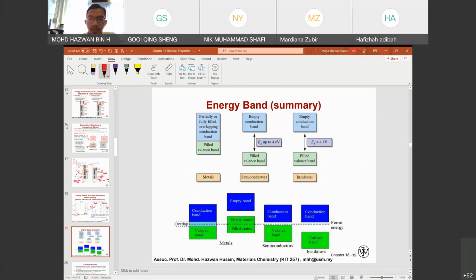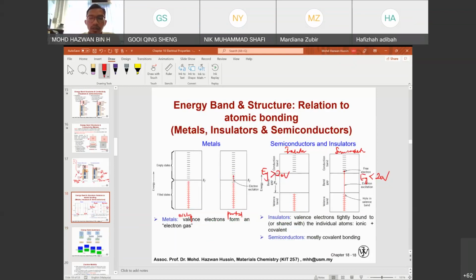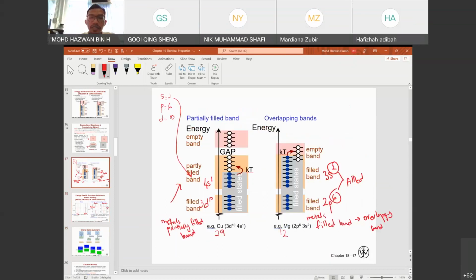In some exam questions, you are required to explain the conductivity of different materials, for example metals, conductors, semiconductors, and insulators. To explain, you have to use the energy band structure. What does it mean by partially filled and overlapping filled bands for conductors?